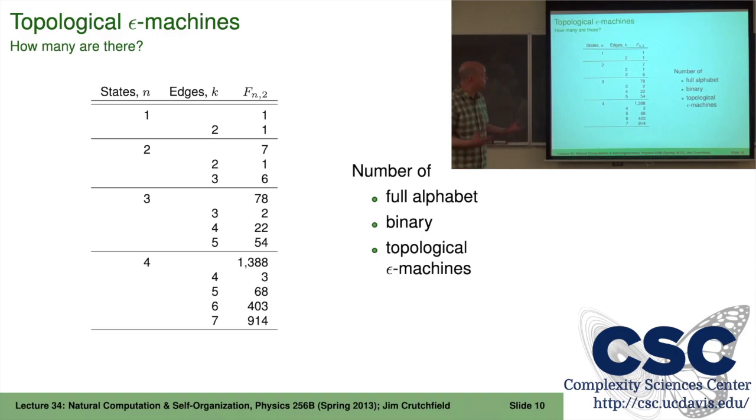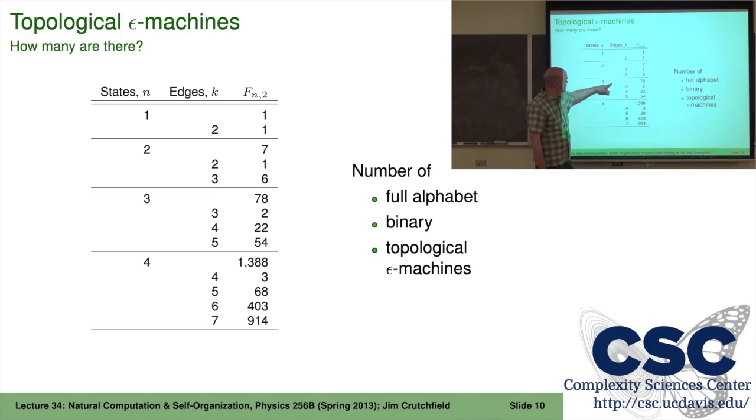And so even in this more restricted set, the numbers grow pretty quickly. So this is one of the tables, or part of one of the tables from Ben's paper. And it gives you a sense of, this is the number of states. So 1 state, 2 state, 3 state, 4 state. This is the number of edges. And the number up here is the total number with 1 state, total number with 2 states, 3 states, 4 states.